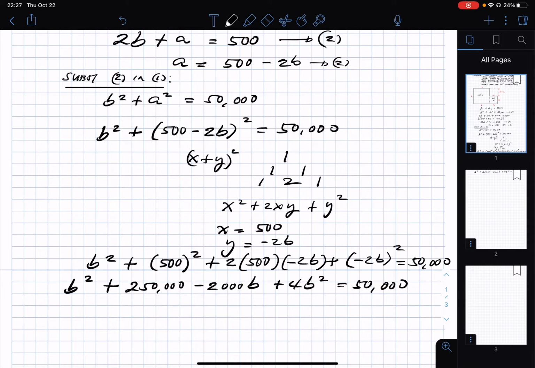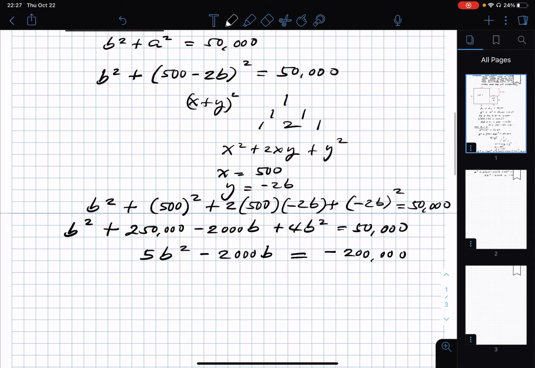Okay. Now we will combine like terms. Okay. Combining like terms, b squared plus 4b squared, that will be 5b squared minus 2,000b is equal to negative 200,000. Okay.